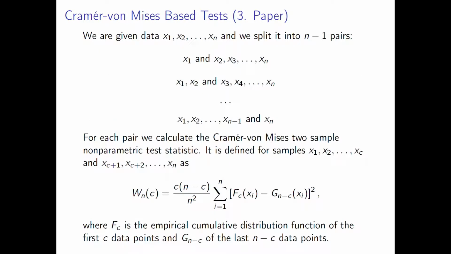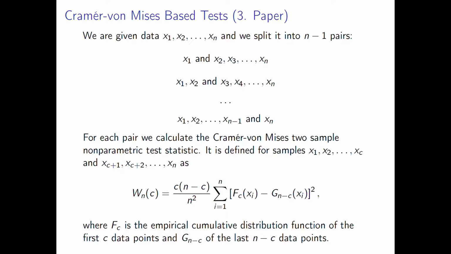So we defined new Cramer-von Mises based tests for this particular topic. We're given a data set, and we split this data into n-1 pairs. First of all, we pair x1 with all the rest of the data, so x2 to xn.